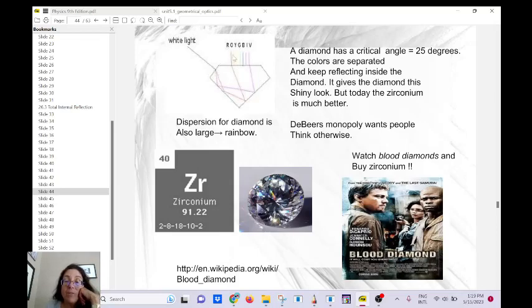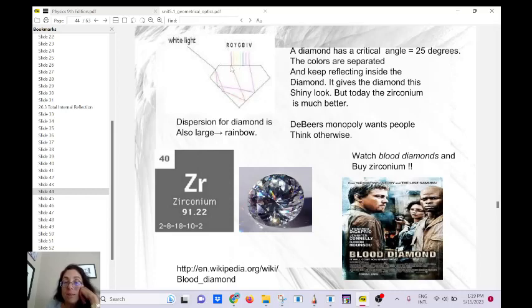The angle of refraction, when you go from slow to fast, when the angle here is smaller than 25, depends on the color. It means that blue light will be refracted more than red light. So it depends on the wavelength.